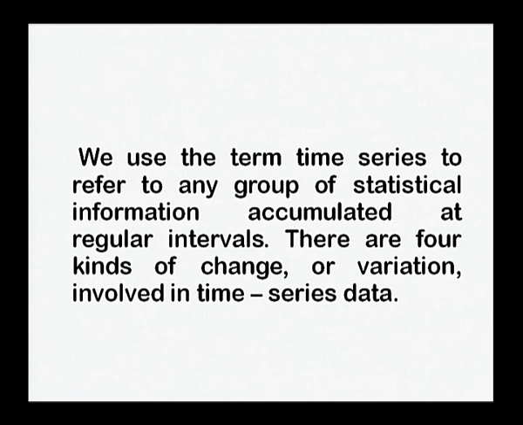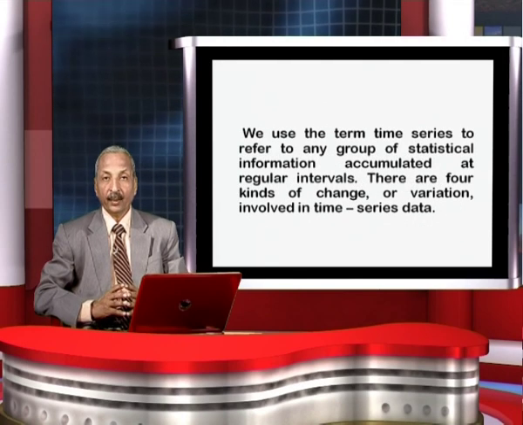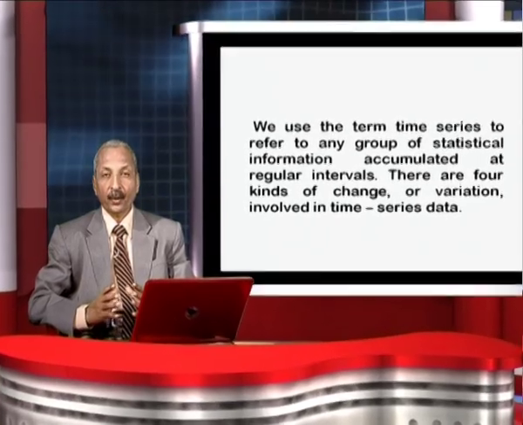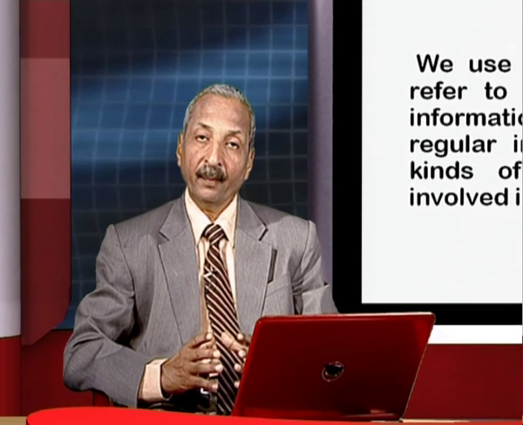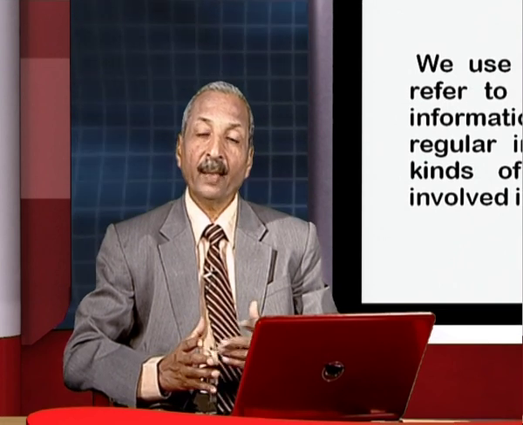So, we have seen that we use the term time series to refer to any group of statistical information accumulated at regular intervals. There are four kinds of change or variation involved in time series data. That is, in a time series, four different kinds of variation may be present, maybe one of them or maybe two of them or maybe all of them.